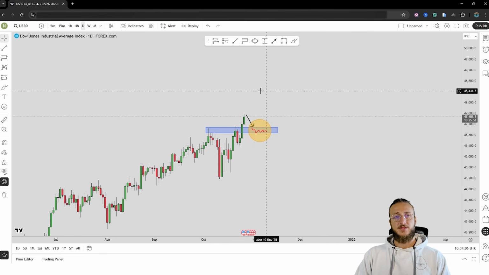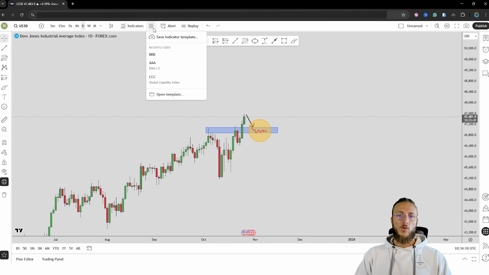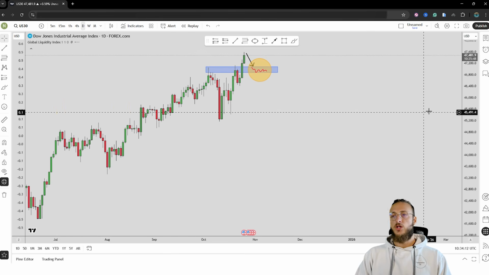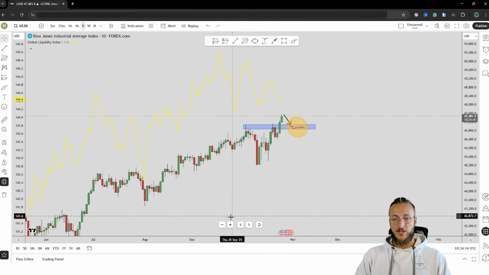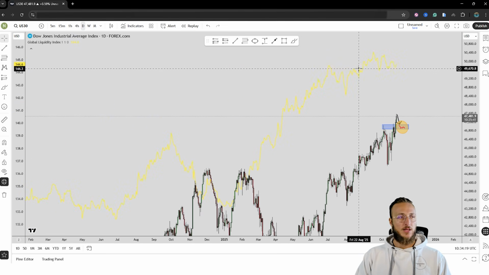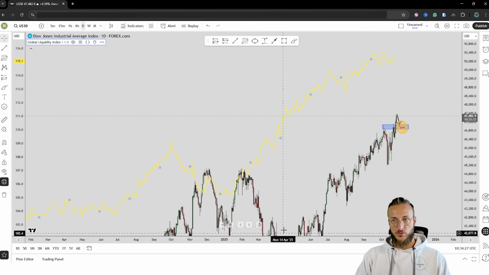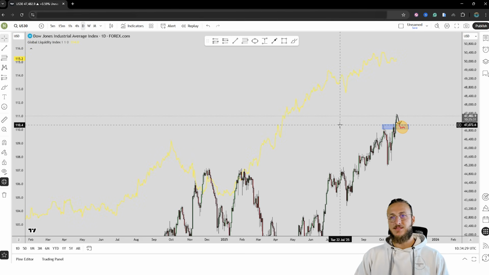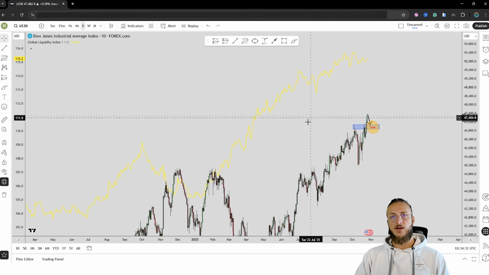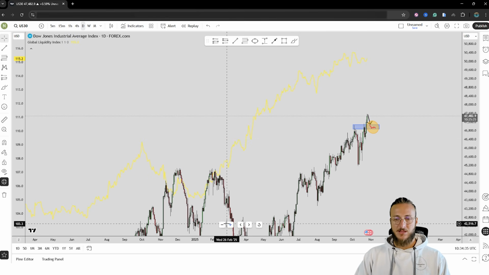Speaking about fundamentals, indexes like the US30 tend to have a quite reactive behavior to the global liquidity index. Now, if we adjust the index, which is this yellow line you see right here, to essentially show mostly the M2 money supply, which is the thing that it reacts to the most. This is basically the money that is sitting in bank accounts, easily withdrawable things like money market funds and stuff like that.